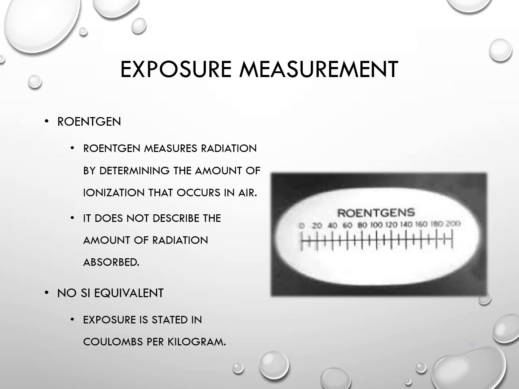And so as those X-ray photons travel through air, they have the potential to collide with those nitrogen and oxygen and hydrogen, all of those air molecules that are floating around in the air around us. The Roentgen measures how much ionization occurs in the air that is being exposed. There is no SI equivalent here, exactly. We don't have one that is perfectly even like the gray and the sieverts are, but the exposure now is measured in coulombs per kilogram.